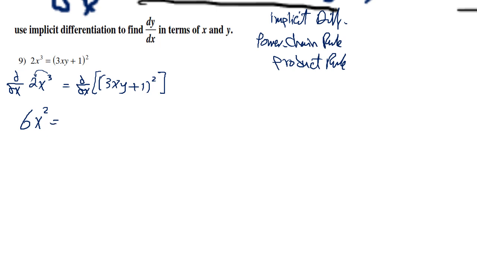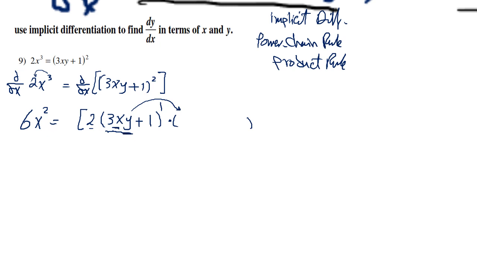Now I have a chain rule here, so I put down the power, keeping the same function inside the bracket as it is, and multiply by the derivative of what is inside the bracket. So I put down the exponent, subtract 1 from the exponent, and multiply by the derivative of what is inside. And the derivative of what is inside is a product rule.